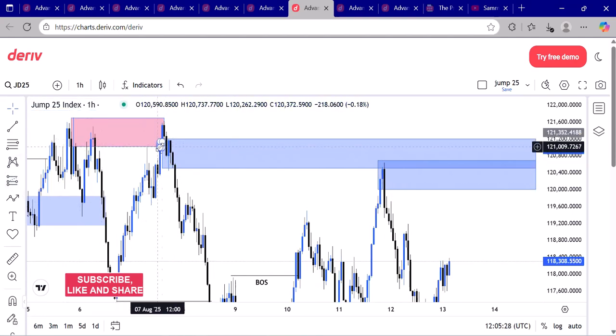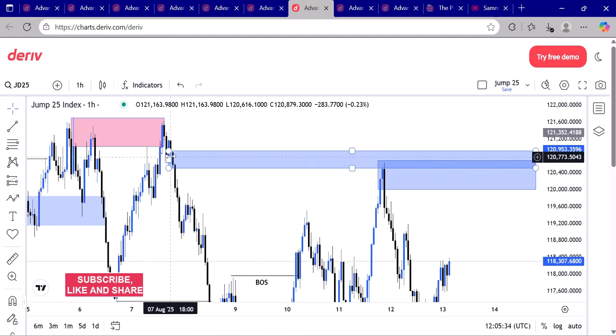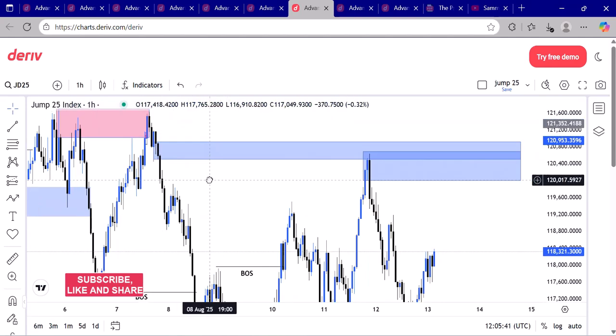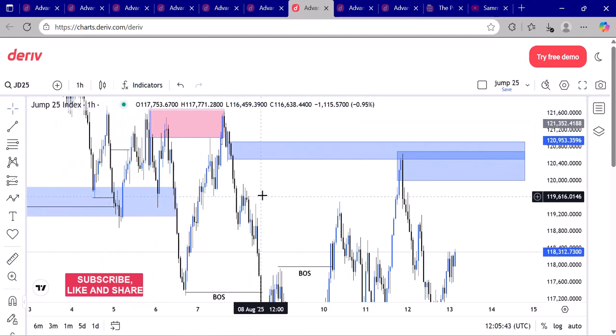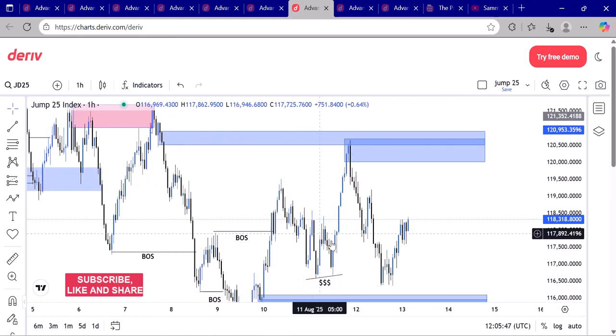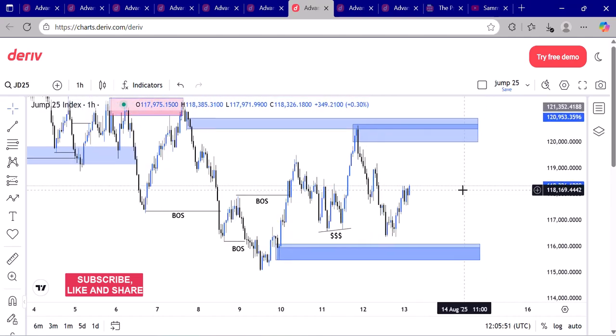This is the last down candle that formed before the impulsive move that broke structure, on a 1 hour time frame. It is expected that price is going to come and tap into the zone and then sell off, which is exactly what we saw.